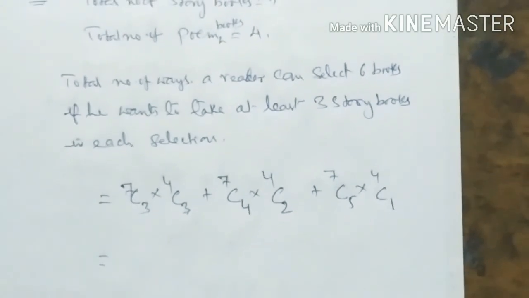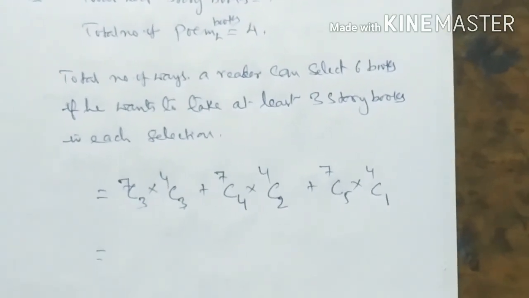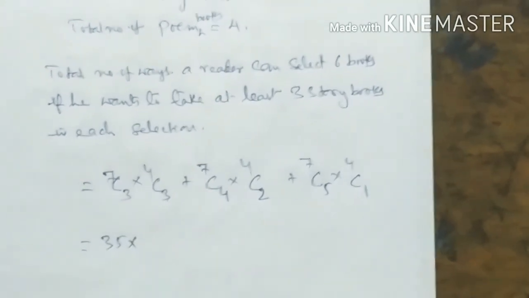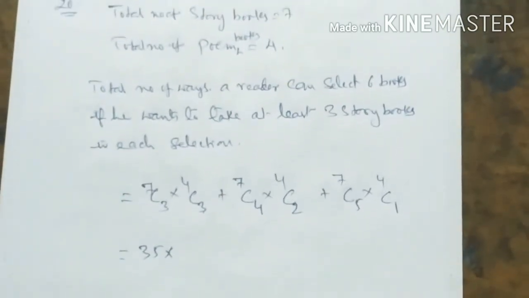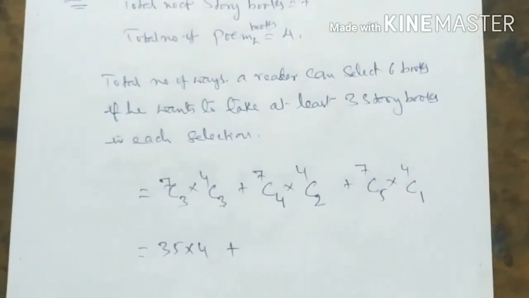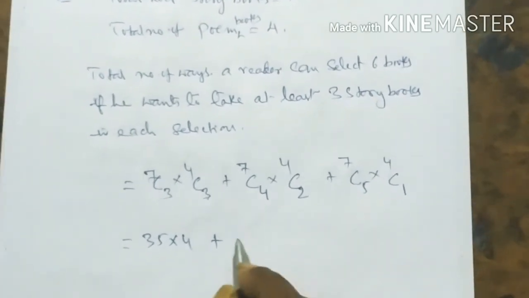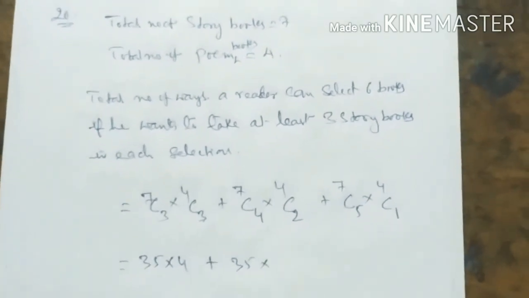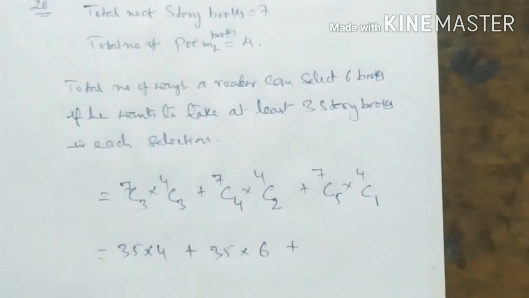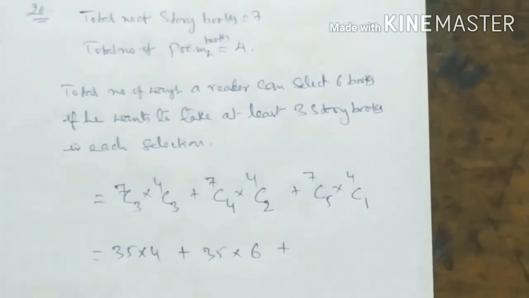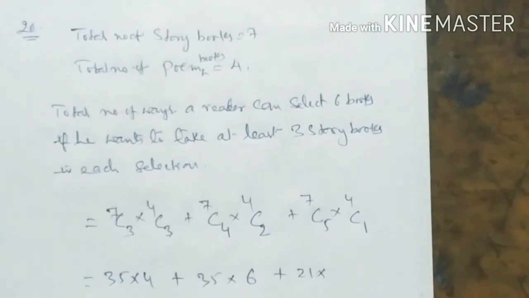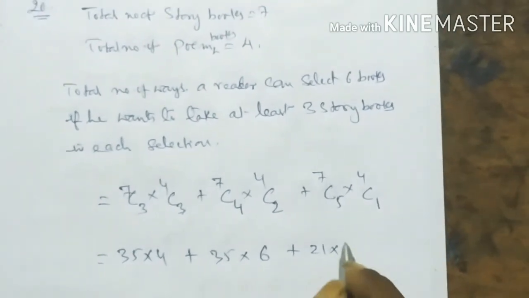So I am taking the help of a calculator to solve it. 7C3 is 35 into 4C3, which is 4, plus 7C4, which is 35 into 4C2, which is 6, plus 7C5, which is 21, and 4C1, which is 4.